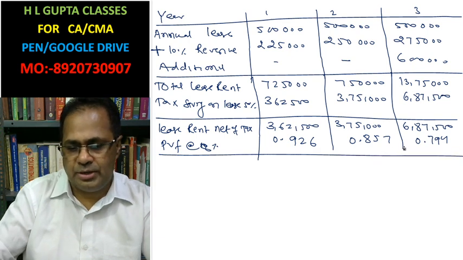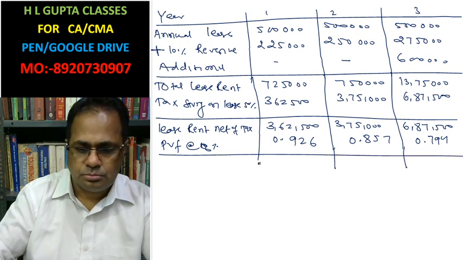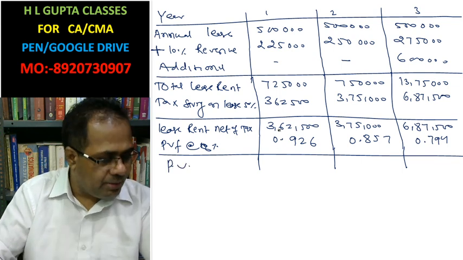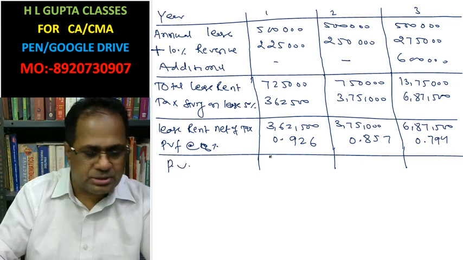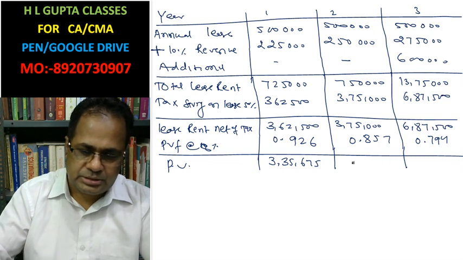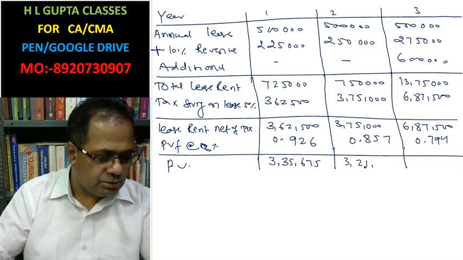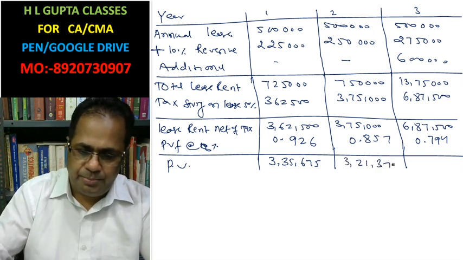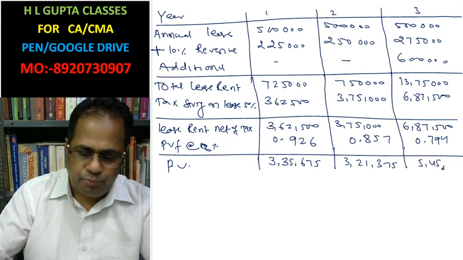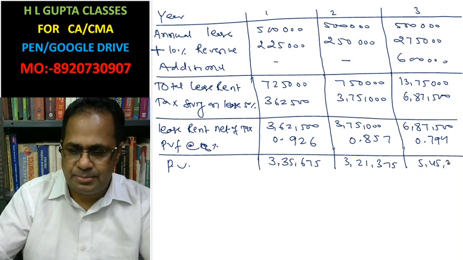Now present value. You will multiply this and you will have 3,35,675, 3,21,375, 5,45,875.